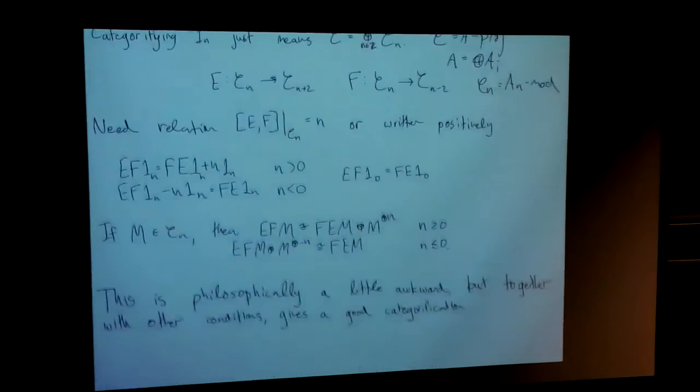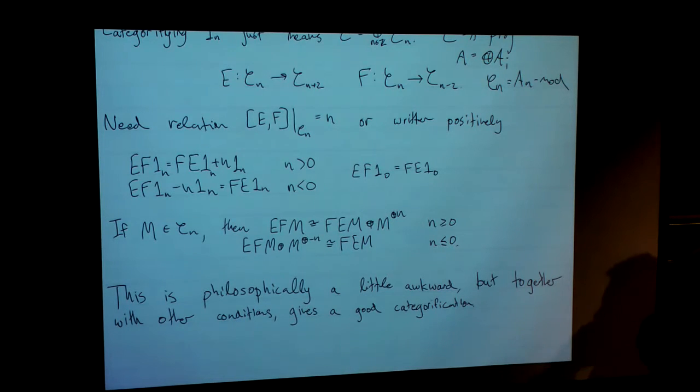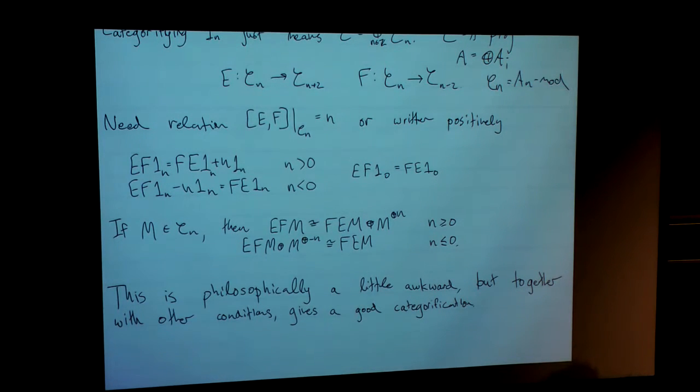All right. So written in terms of objects, this means if I apply the functor EF to an object, I should get, well, almost the functor FE. If my functors were coming from a symmetric monoidal category, I might expect those two objects to be isomorphic. But that's not what I expect. I expect there to be an extra number of copies of the object. But that's sort of a categorification of this relation.